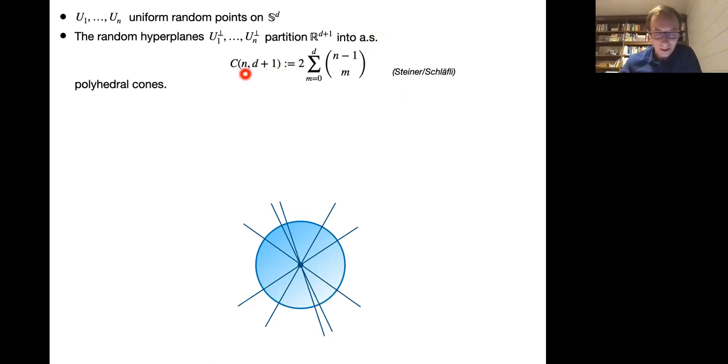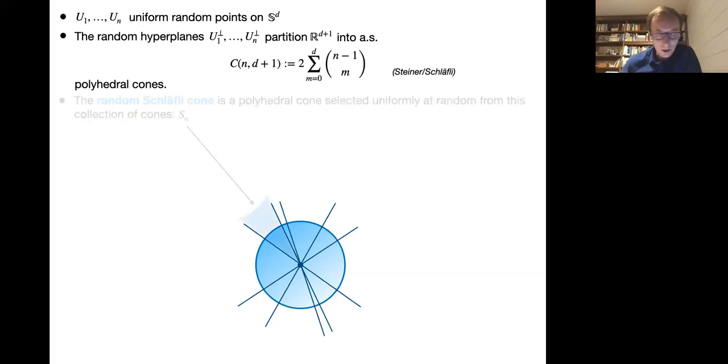So n is the number of hyperplanes you see, and d+1 is the dimension of this ambient space. And this number is given by 2 times the sum from m equals 0 to d of these binomial coefficients. This is the number of polyhedral cones that you will almost surely see.